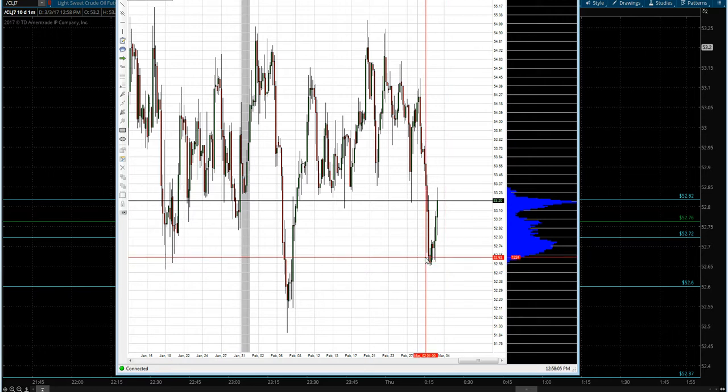If I see a level like this that's near, then if the price is already at 52.96, my risk reward would be poor, and obviously I won't trade there for a short. I'd rather wait for the long, because the long would provide me a better reward to risk opportunity. So I'll just wait for that turn-in price.